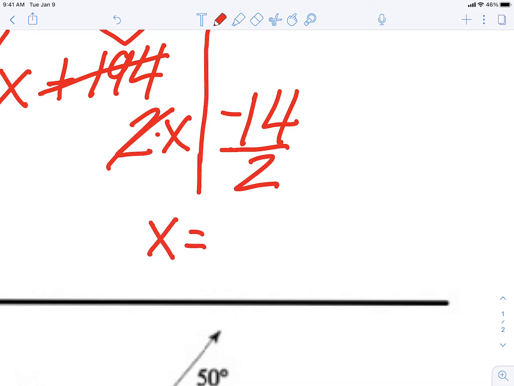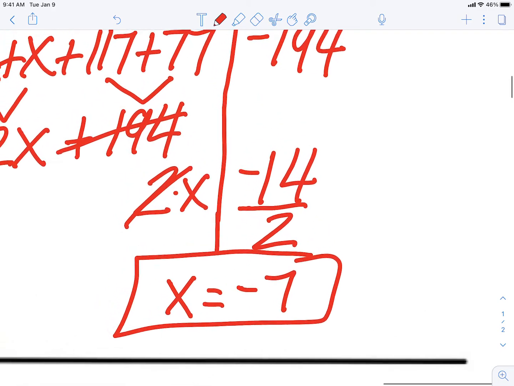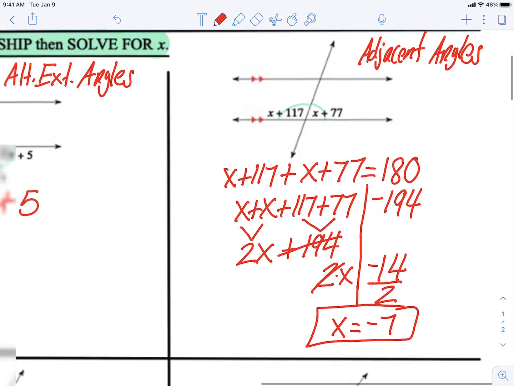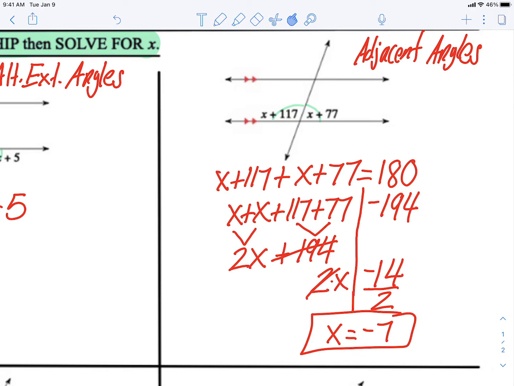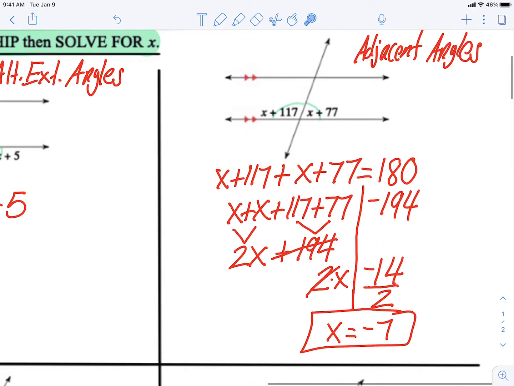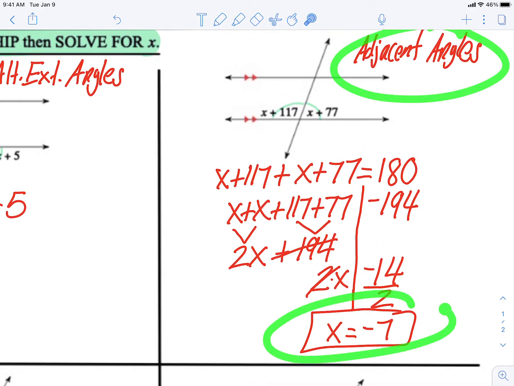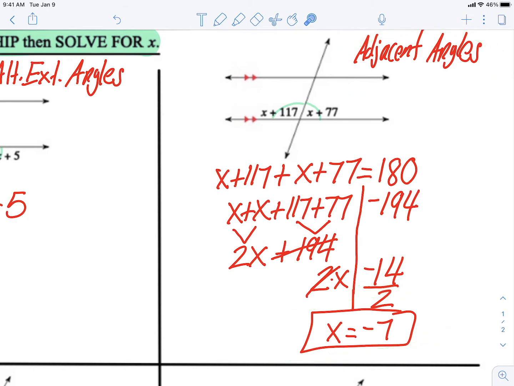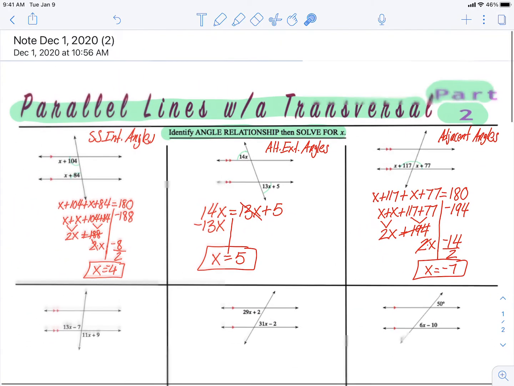And I'm going to get x is equal to negative 7, because a negative divided by a positive is a negative. So we identified adjacent angles, and we solved for x. Look at that. You got it. You got it. All right.